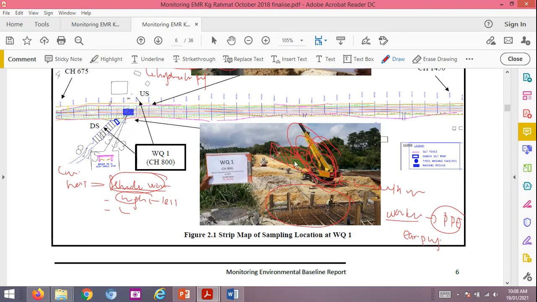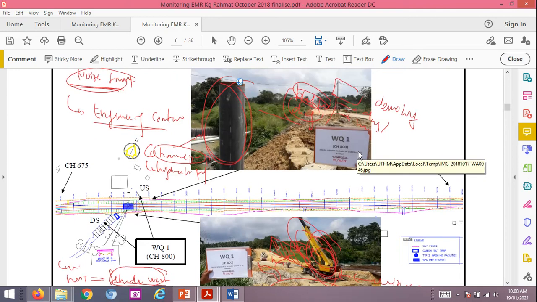So when you do the construction activity, you can reduce the noise going to the resident area. That is some of the plan or method that you can use to control noise during the construction activities.